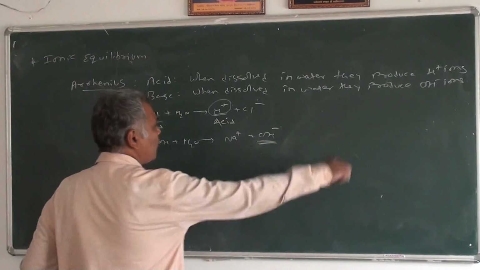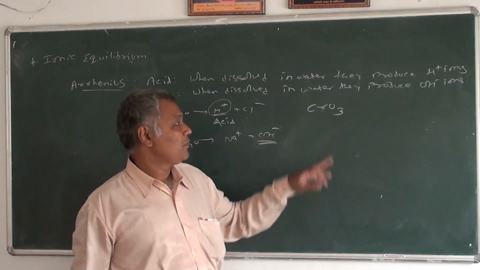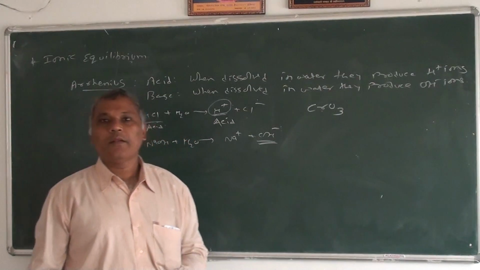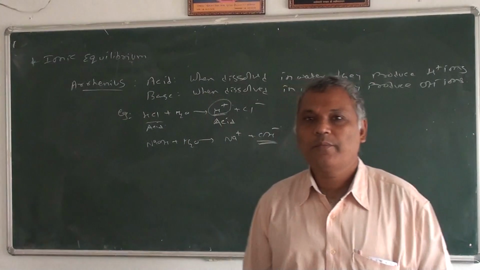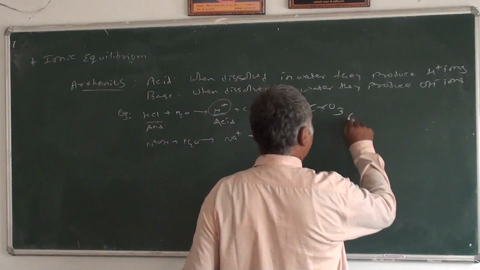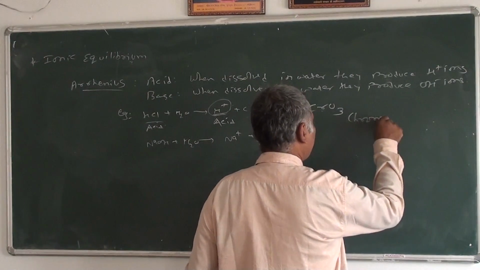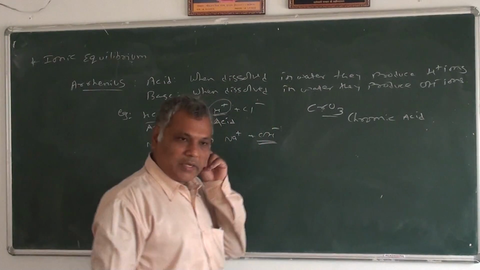But specifically, if I ask you the question, what is the name of the compound CrO3? Generally we write it as chromium oxide, but it becomes chromic acid. It's an acid.